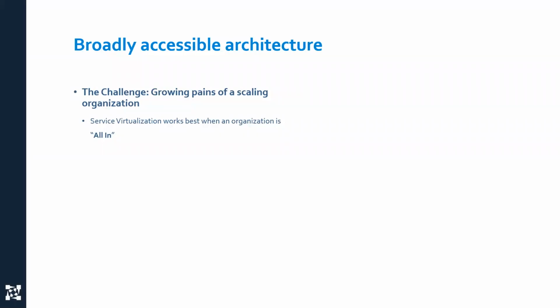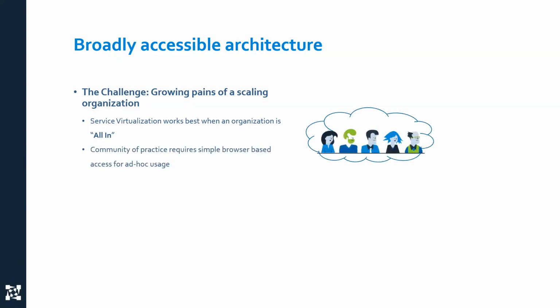So how do you use that? Well, your community of practice, that is federated users who just want ad hoc usage. Maybe I just want to build a virtual service to unblock myself for this little development project I'm working on. Maybe I need a virtual service to simulate a quick database for testing. I don't really want to be involved in the huge service virtualization initiative at the organization.